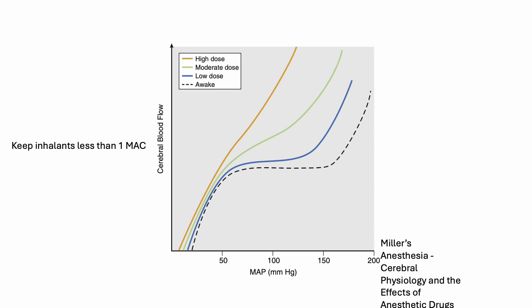So it's very important to me that when we use inhalants in brain cases, we keep the MAC below 1. We have talked about this in neuroscience, and I've said that one of the three standard answers for anesthesia is turn down your inhalant. This is one of the reasons.